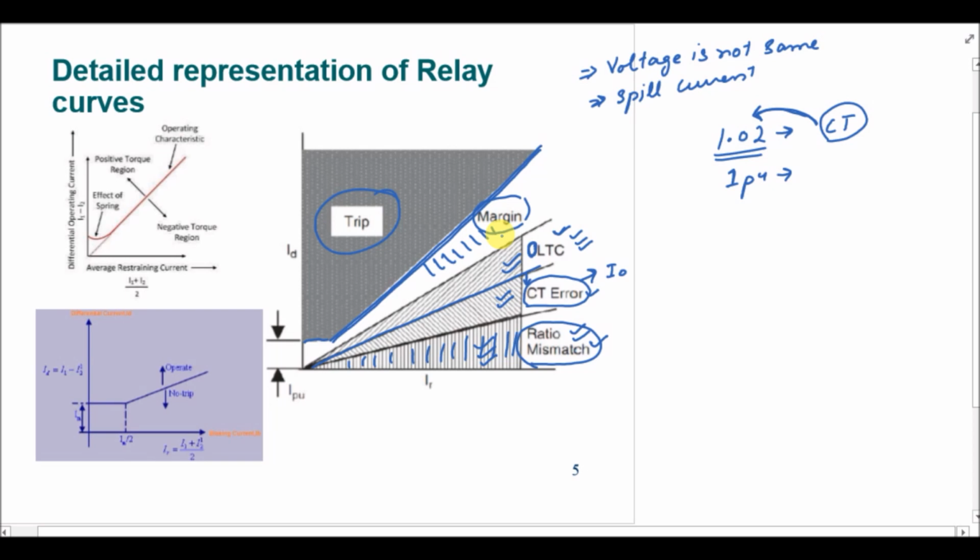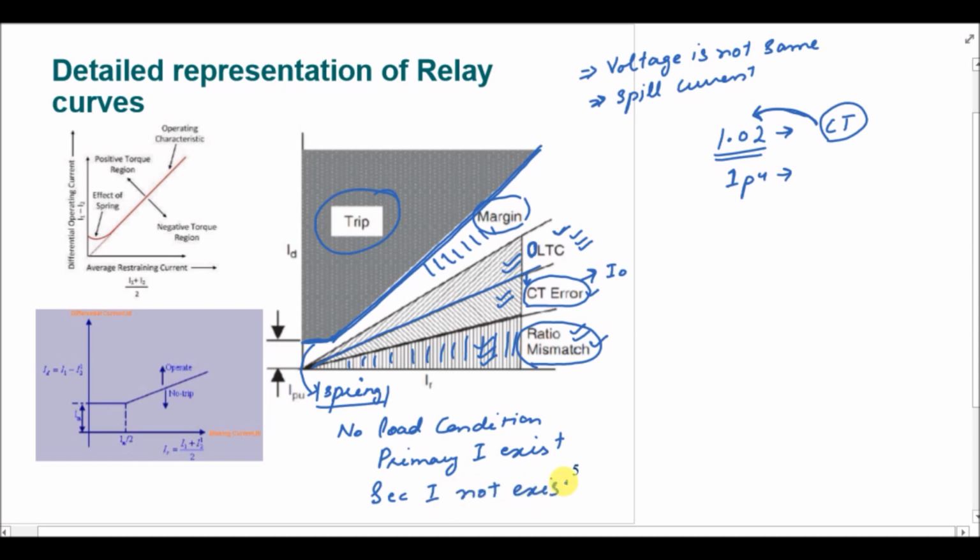Now in the actual settings we have this flat line at the start of the characteristic line, and this is representing the spring. It is here because whenever we have a no-load condition, the primary will have current, but the secondary current will not exist, and due to this we will have some spill current.